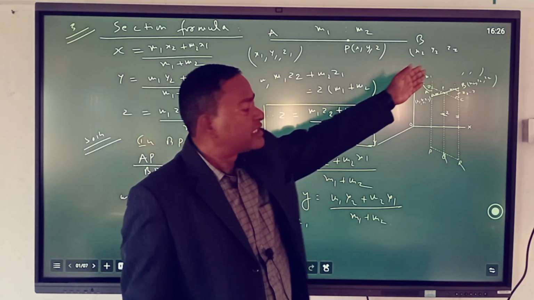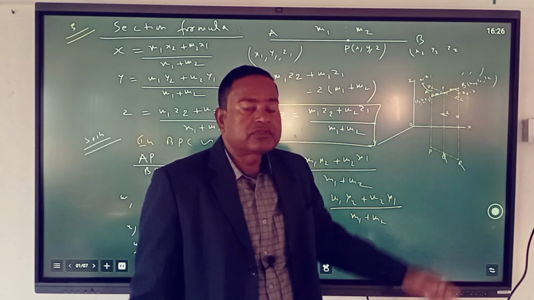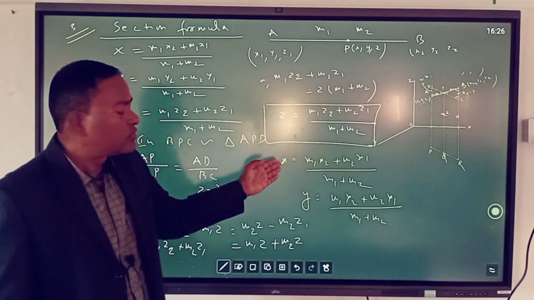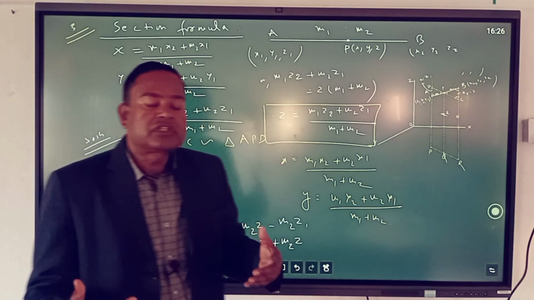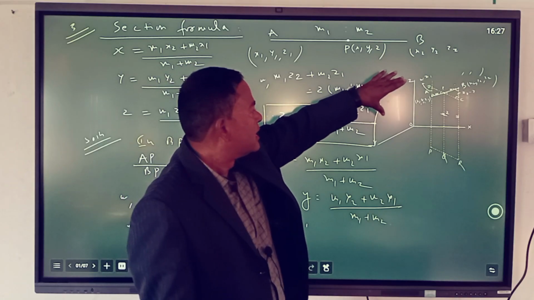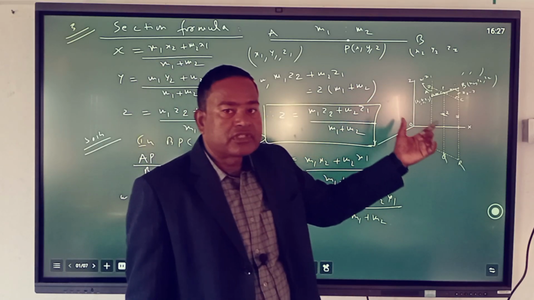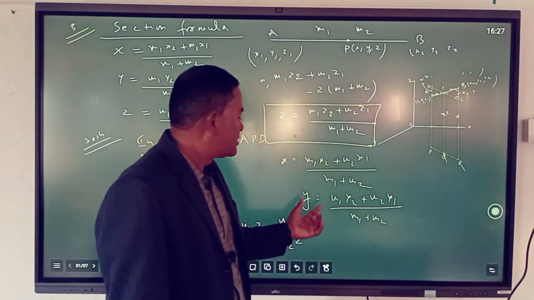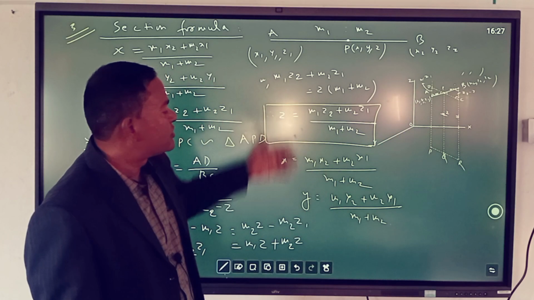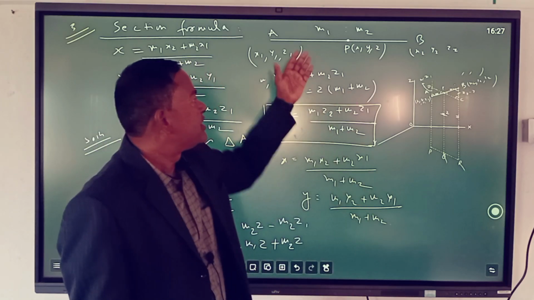To get the z coordinate from the given two points A and B, we have drawn perpendiculars on the xy plane. Similarly, to get the x coordinate, we have to draw perpendiculars on the yz plane, and to get the y coordinate, we have to draw perpendiculars on the xz plane.